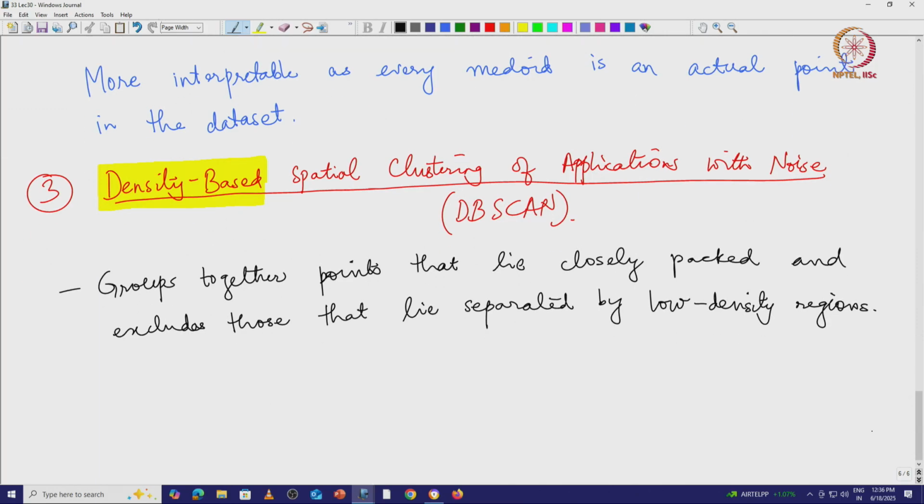That is the way this density based spatial clustering works, which of course is made clear by the name of this algorithm as well.